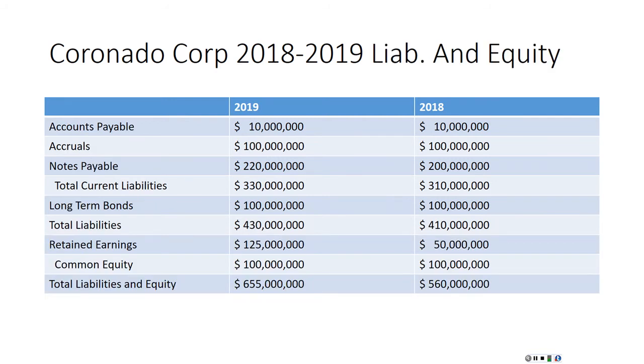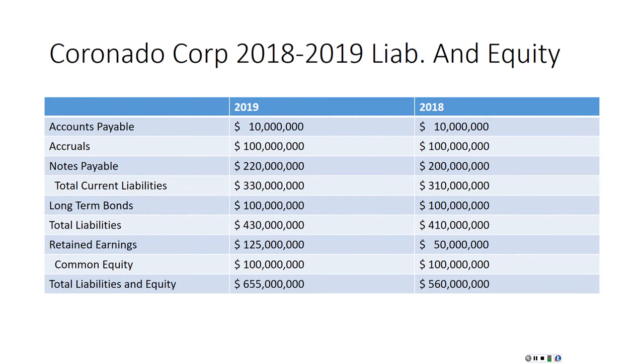Liabilities and equity: accounts payable remained constant at $10 million. Accruals remained constant at $100 million. Notes payable increased from $200 to $220 million, so that total current liabilities increased $20 million from $310 million to $330 million.